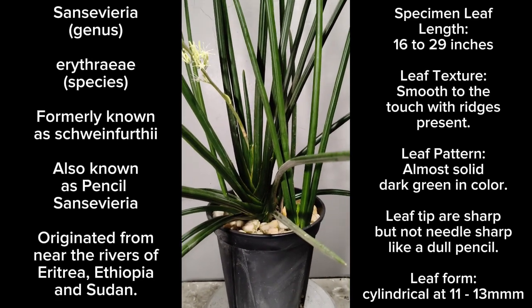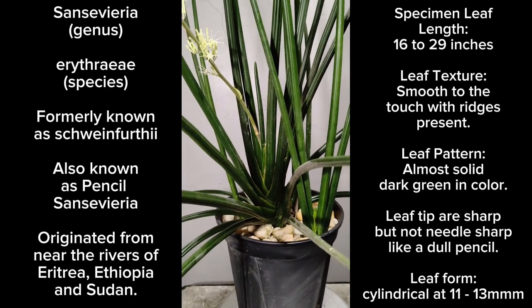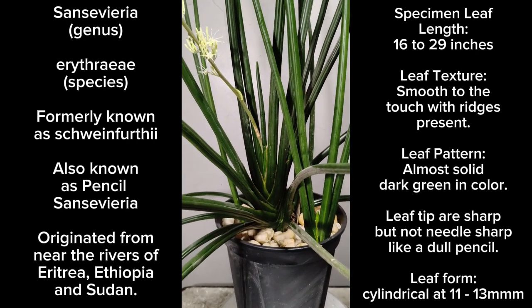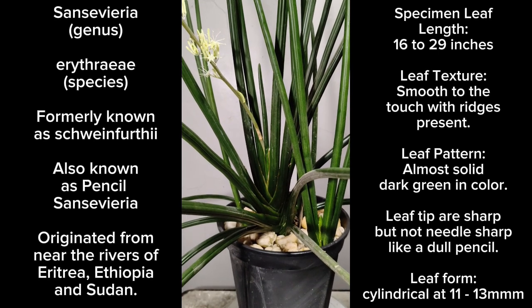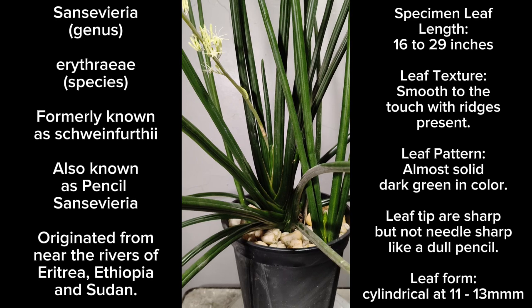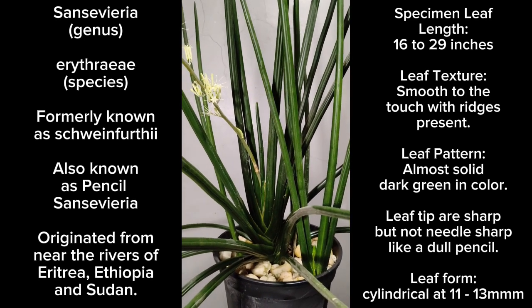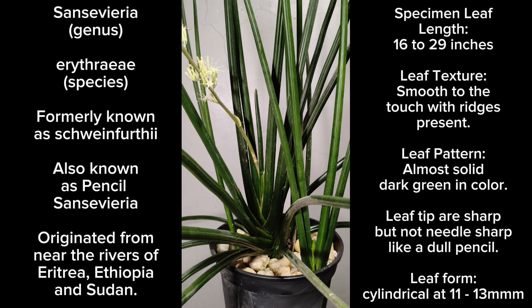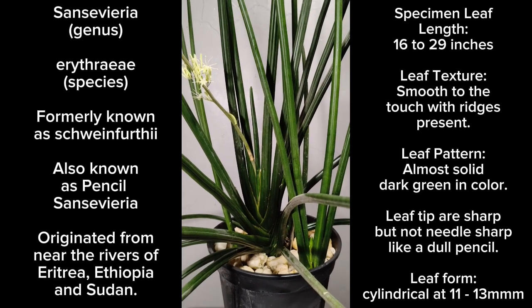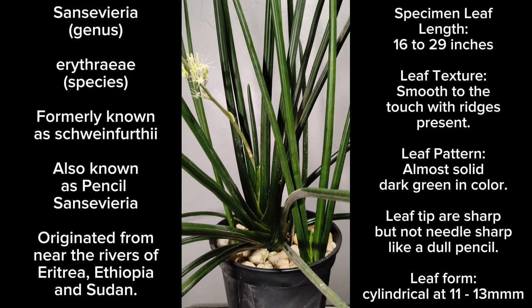So this Sansevieria species originated near the rivers of Eritrea. Probably that's where the name came from. They can be also found in parts of Ethiopia and Sudan, in northeastern Africa.